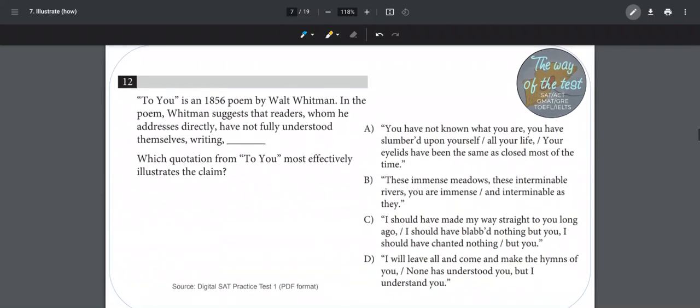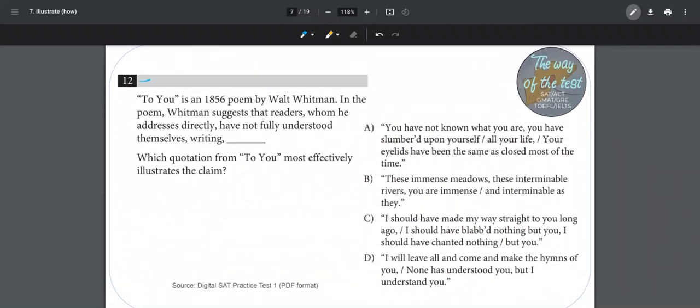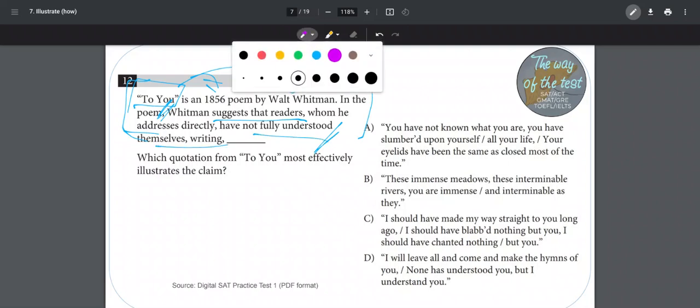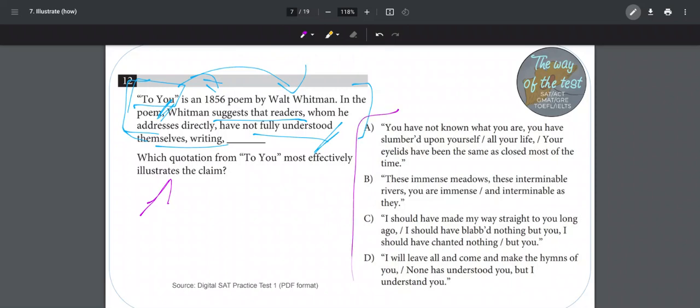So here's an example. First, they give you the explanation of the piece of work. They tell you the name of the poem or piece of work, when it was written, and who the author is, and then they explain what it's doing. It suggests that readers have not fully understood themselves. Then the question is saying, which quotation from all of these quotations from that piece of work effectively illustrates the claim?